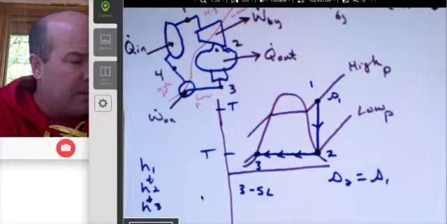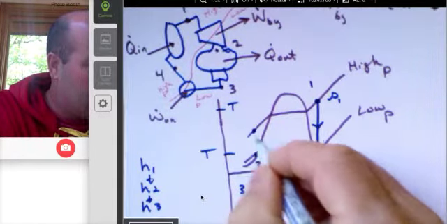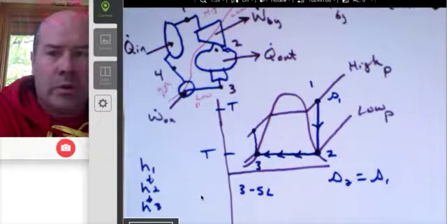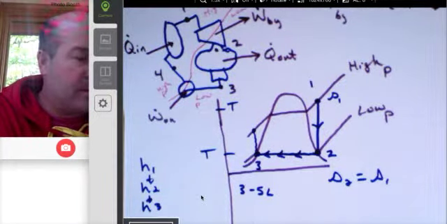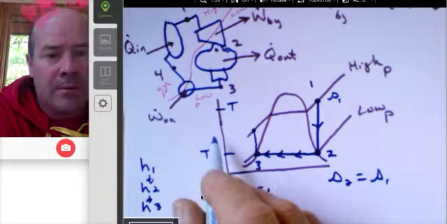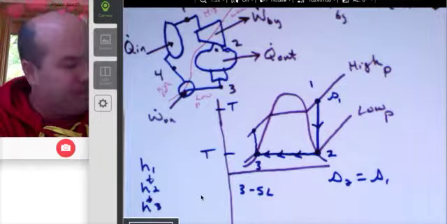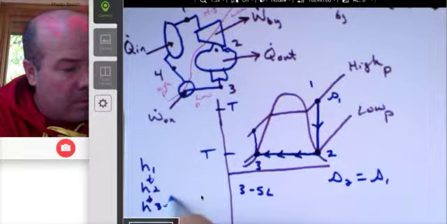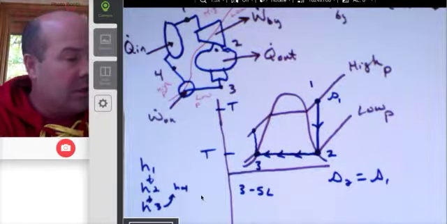Point 4 is straight above point 3 at the high pressure. So when you increase the pressure, the temperature does go up with it, but not much. This is exaggerated. The temperature does go up with it. The enthalpy does go up, though when we start doing these problems, we'll see not very much.